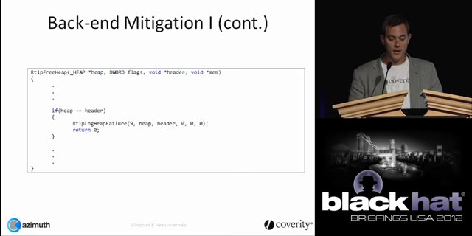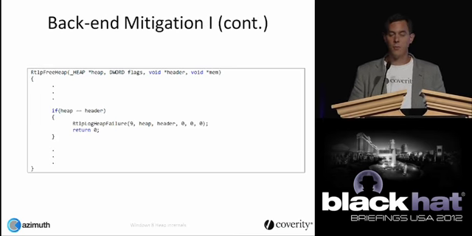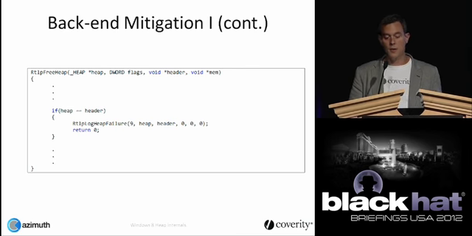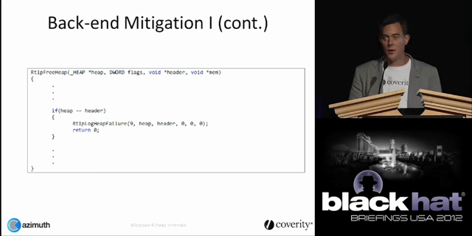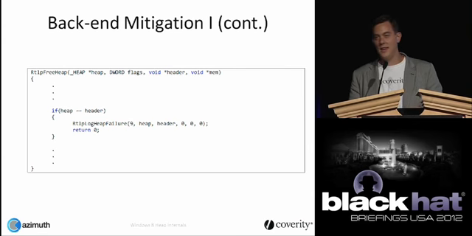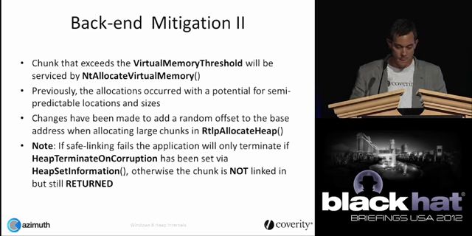This was prevented in the Windows 8 backend manager by checking the chunk that you're freeing. If it's the same heap that's freeing it, it's going to report failure. Therefore, if you're trying to free a heap handle as the chunk to be freed, it's not going to work. There may be a corner case where you could potentially get a heap to free a different heap handle, but I would say that's probably not going to happen.